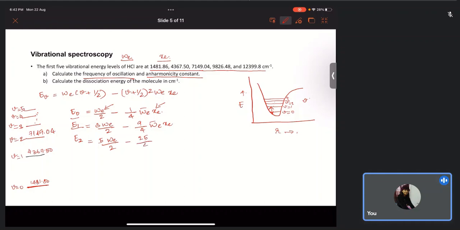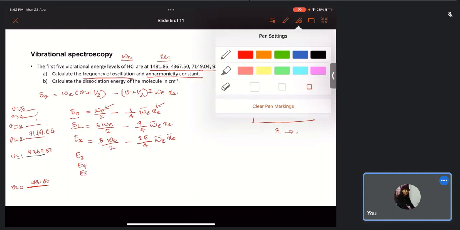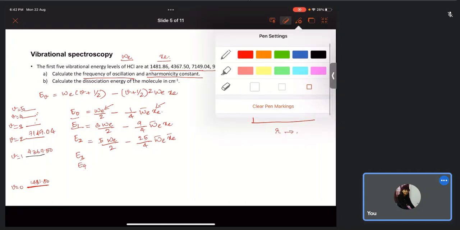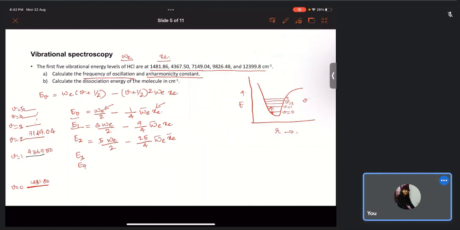Or you are also free to use E3, E4 or E5. You are free to use any of these five energy equations to solve it.